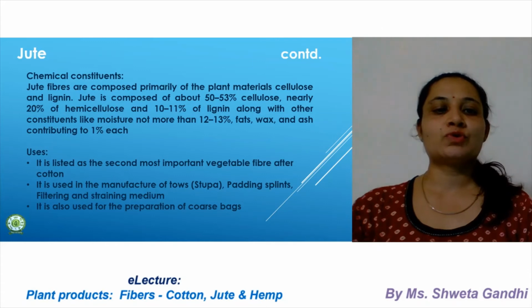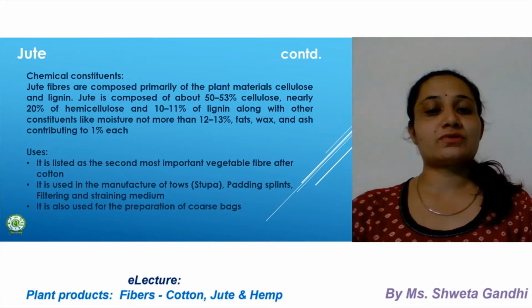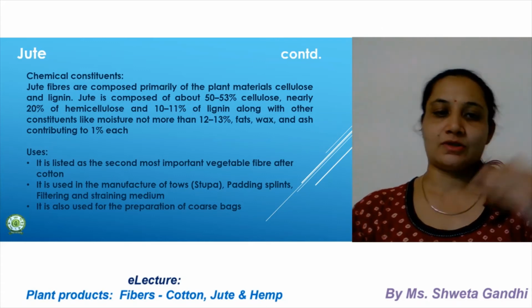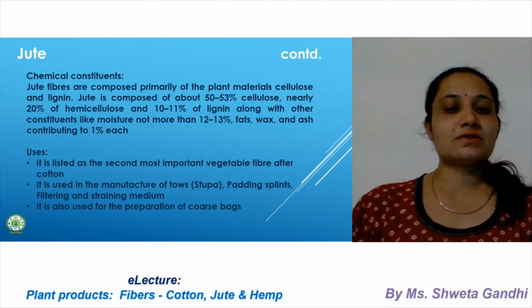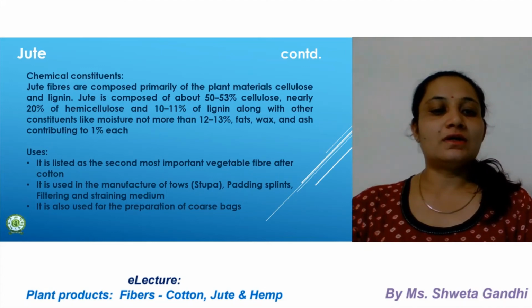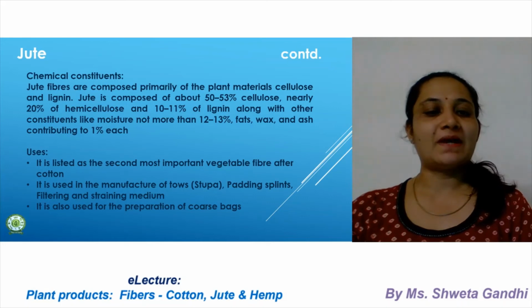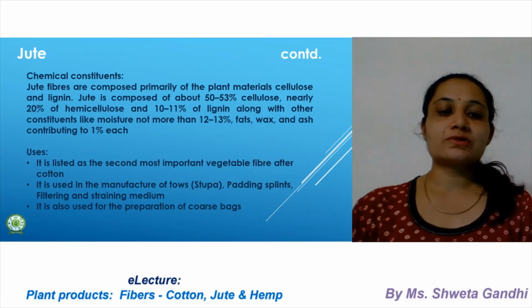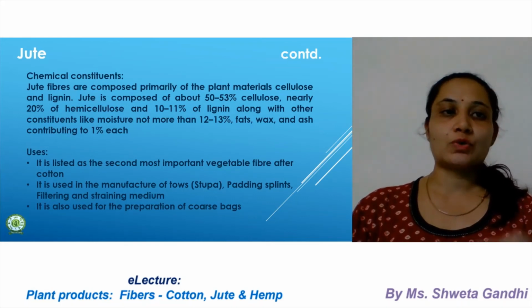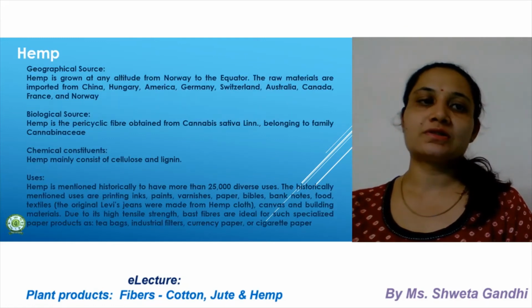The main use of jute: it is the second most important vegetable fiber after cotton, and it is used in the manufacture of filtering and straining media, padding splints, and also for the preparation of coarse bags.